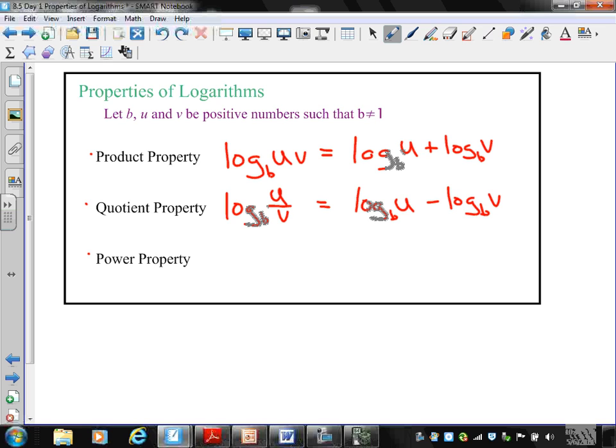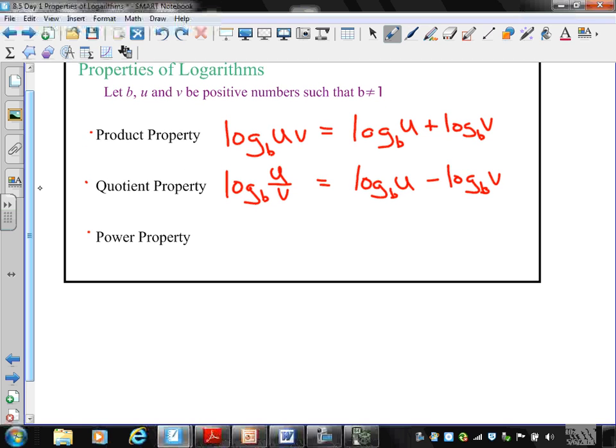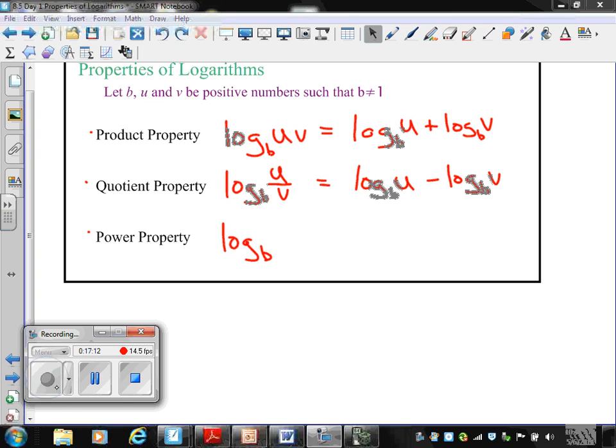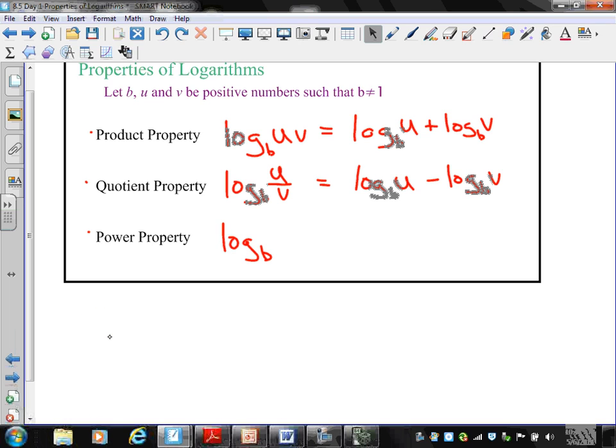Okay, the last one, and this one you just kind of have to take my word for it at this point here. But we have the log of a power. And your book uses the letters u and n. So I'm going to use log of u to the n, base b. Well, what did we do with that exponent?